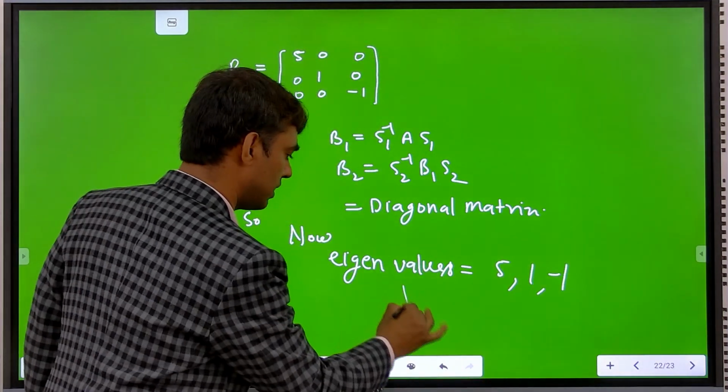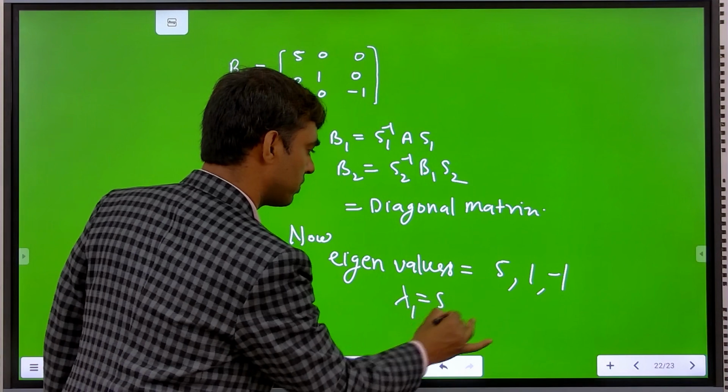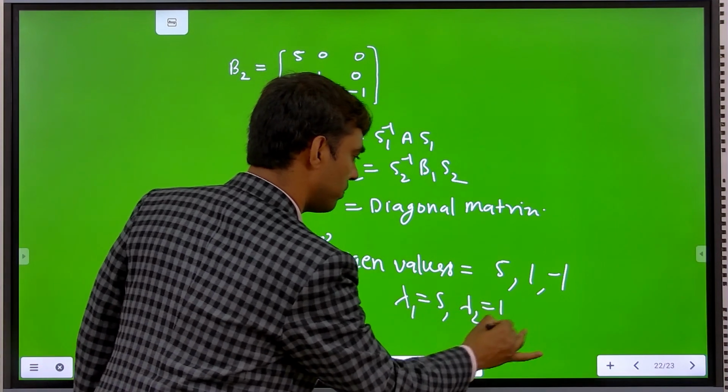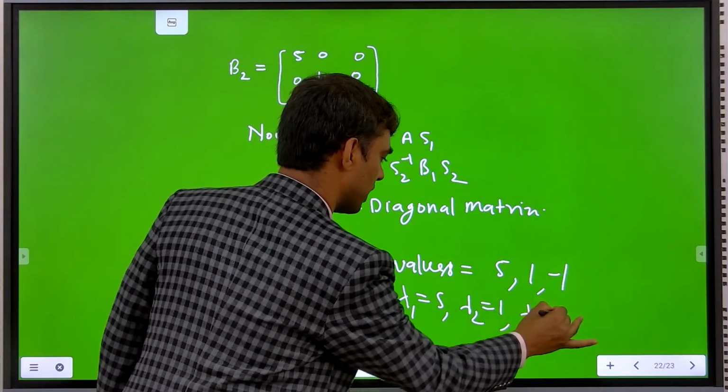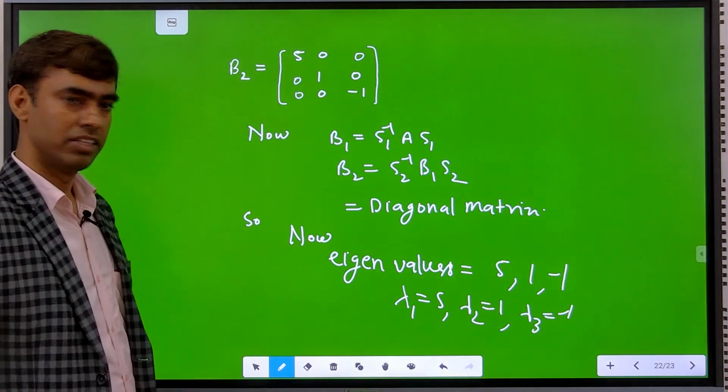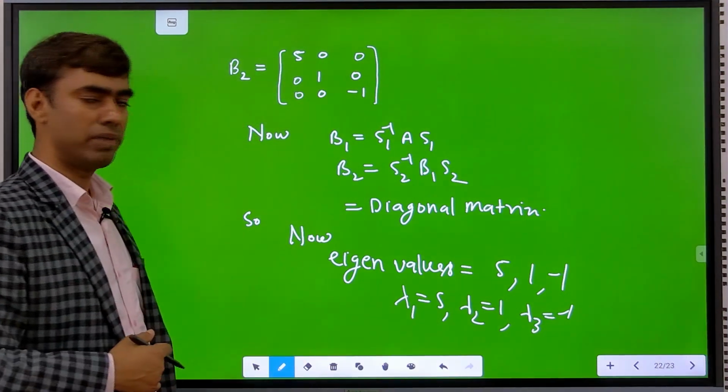You may also write lambda 1 equals 5, lambda 2 equals 1 and lambda 3 equals minus 1. These are the eigenvalues.